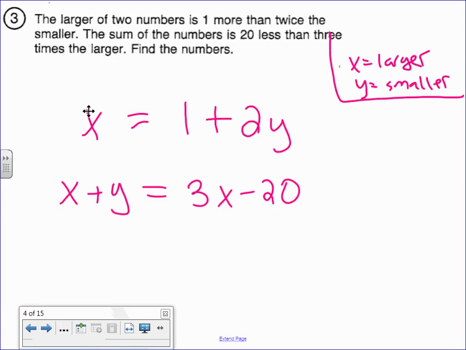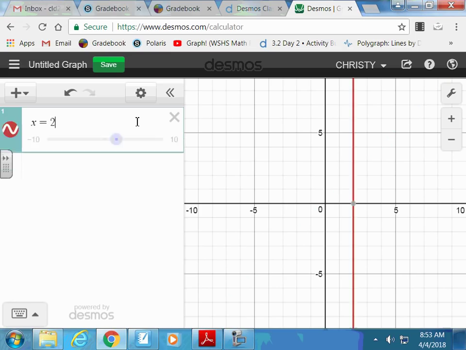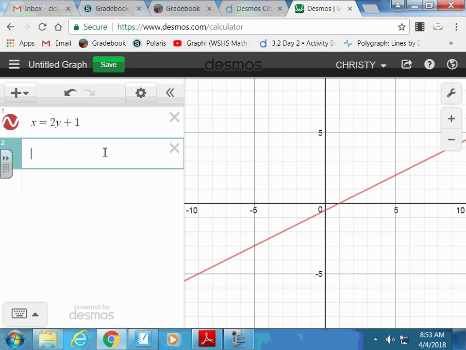So this one is just screaming substitution to me because it's already got x solved. But since we haven't really used graphing in Desmos yet, let's actually go to Desmos to type these two equations in. Okay? So grab your Desmos. Don't know if you can hear me from over the computer, but we're going to type both equations in. x equals 2y plus 1 and x plus y equals 3x minus 20.